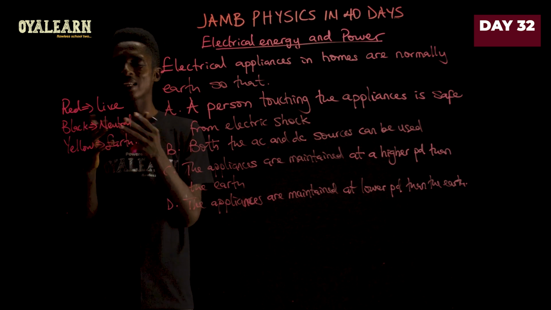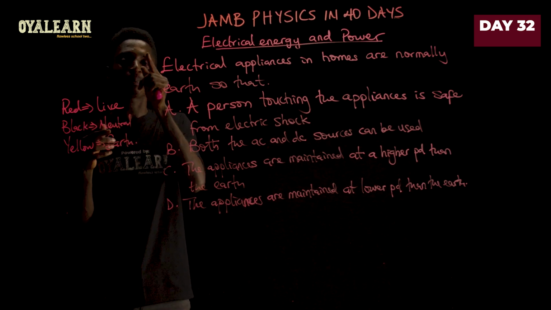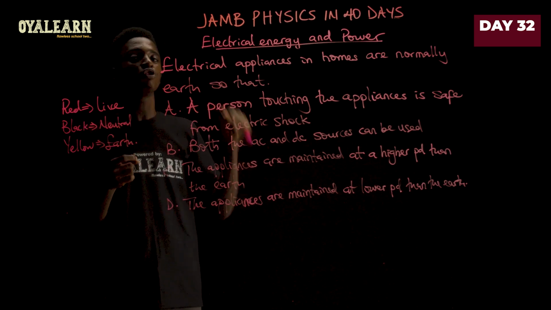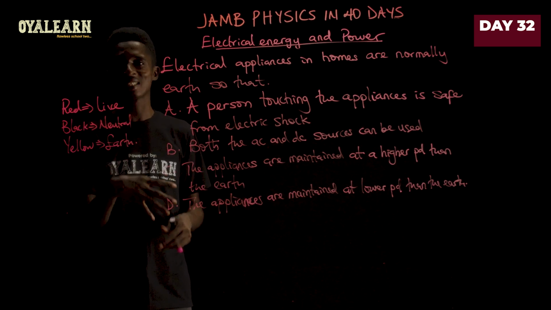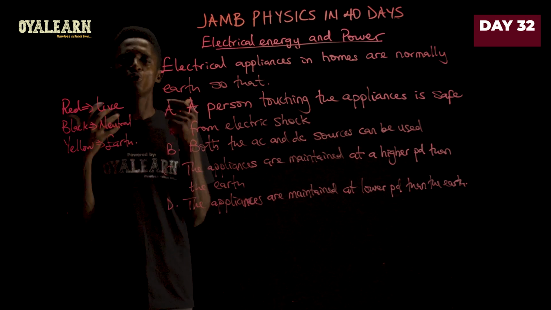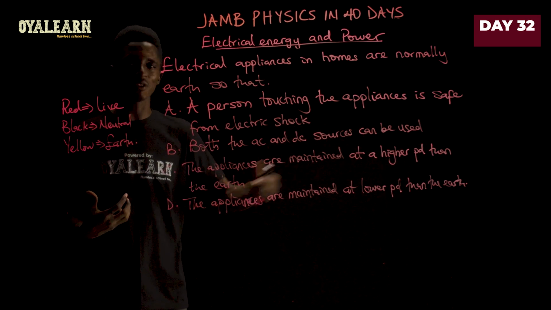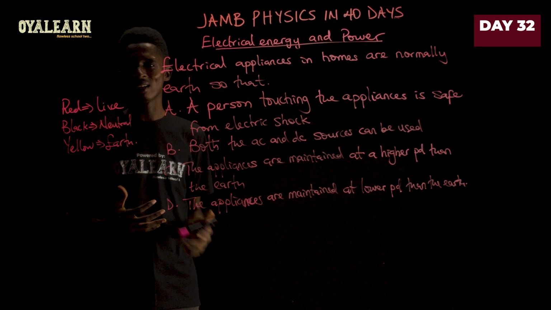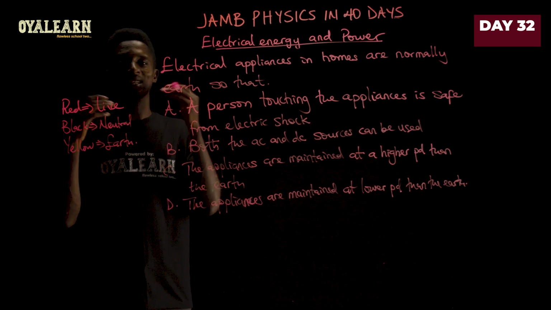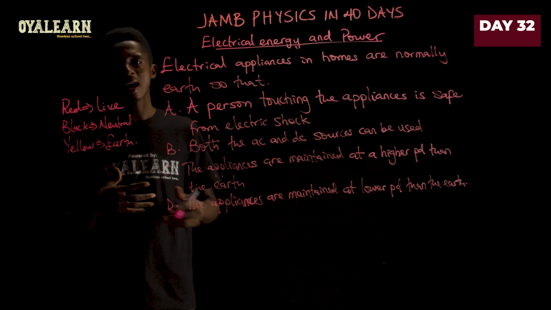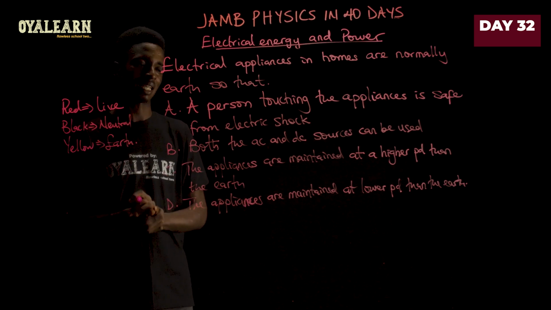So whenever you have this earth wire there, the current passes through this earth wire and goes straight to the ground. That way, even when you touch such an appliance that has this loose current, you don't get shocked because it is already going through the earth wire to the ground. So it's to protect you and also to protect your house, because electric shock could also lead to fire amongst other kinds of disasters.